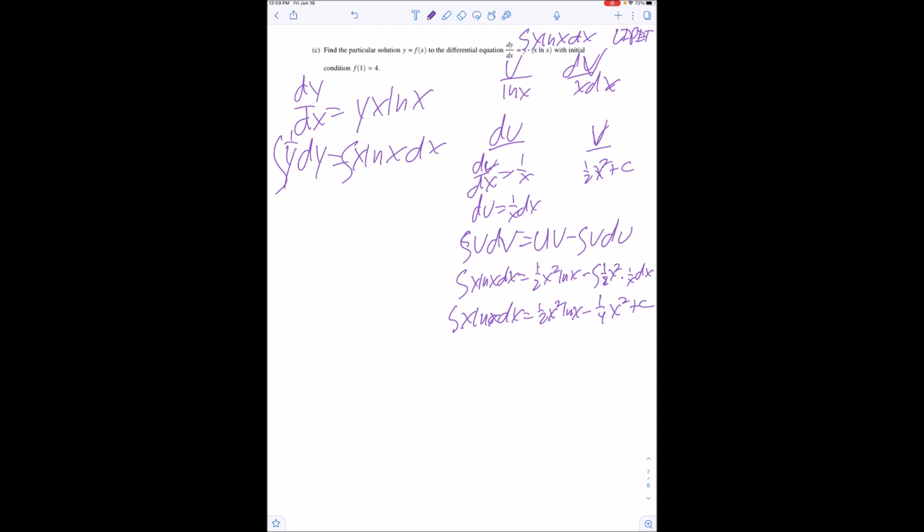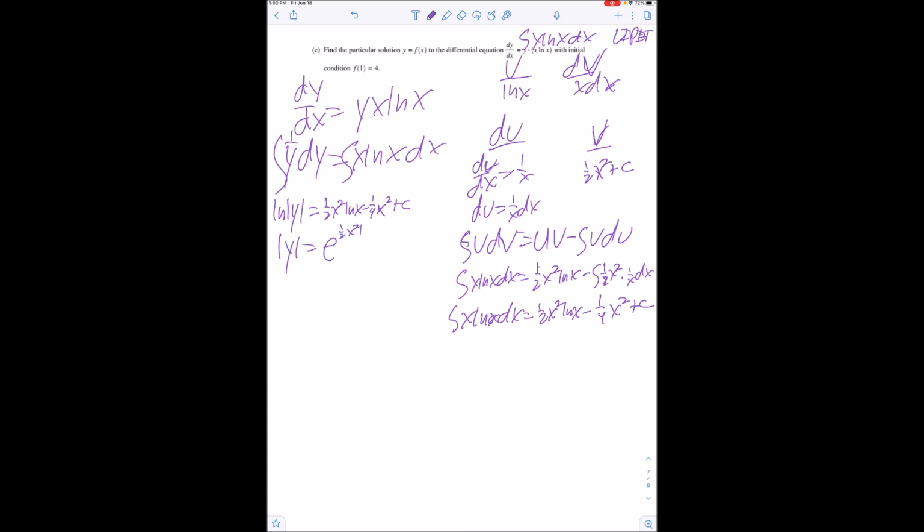So let's go back to here. The integral of 1 over y is just ln absolute value of y equals, bringing this back up there, 1/2 x squared ln x minus 1/4 x squared plus c. Then we're going to have to move the ln over and flip it so that it's e to the right side.